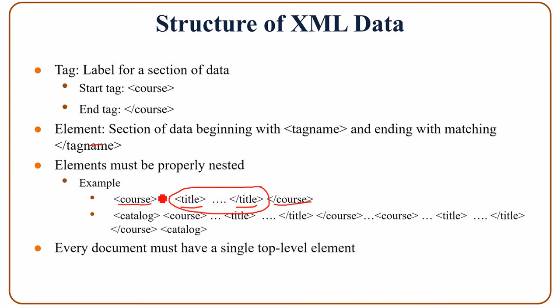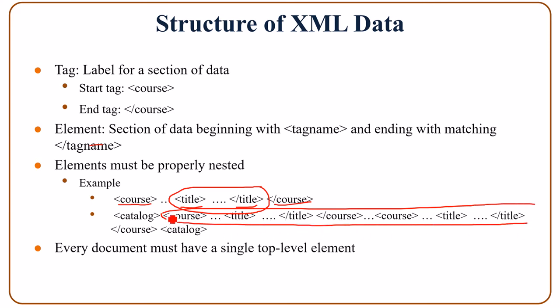There may be multiple course elements, as we can see here. And those elements are the children of the catalog element. In each document, there would be a single top level element.